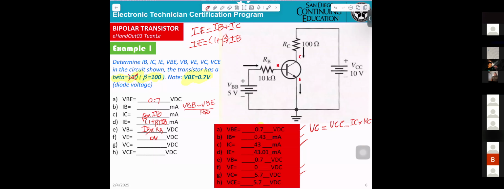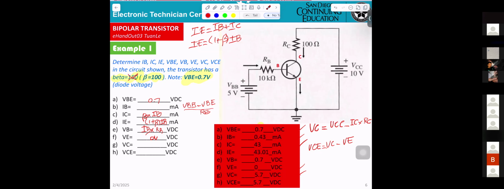Last one, VCE. VC... Normally, that is just a very basic calculation. Normally, they're not using that type of connection. Why? The thing is, this time they need two power supplies, 5 volt and 10 volt.